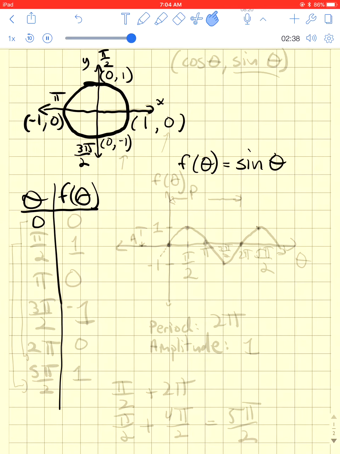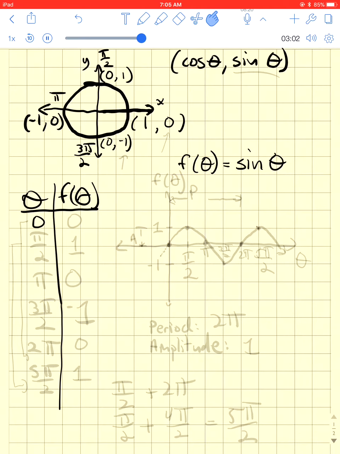All right? So if we're going to graph that, we're going to look at two values. This y-axis we'll call f of theta, and this x-axis we'll call theta.